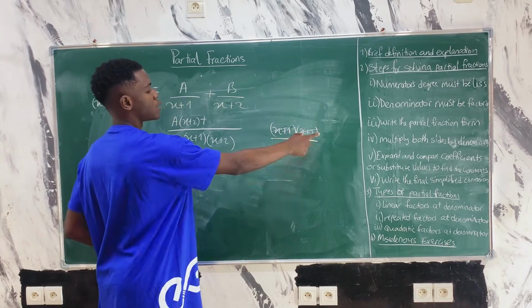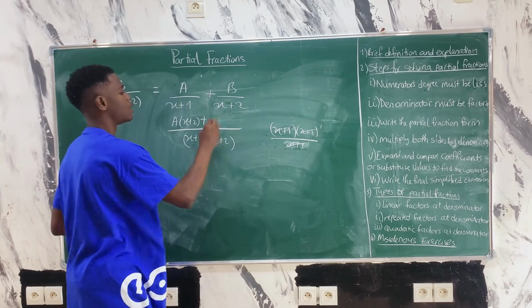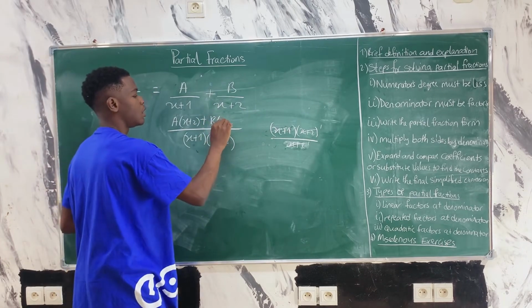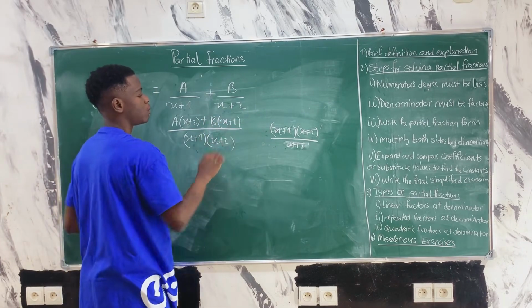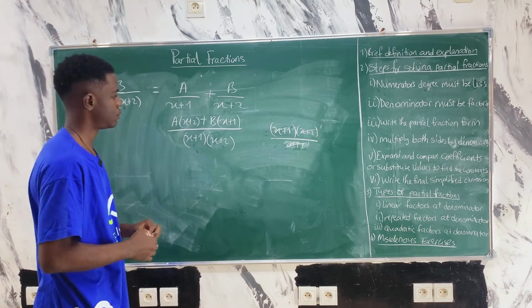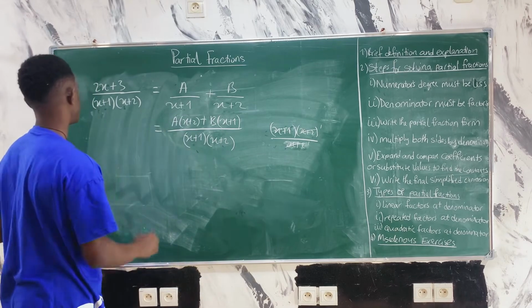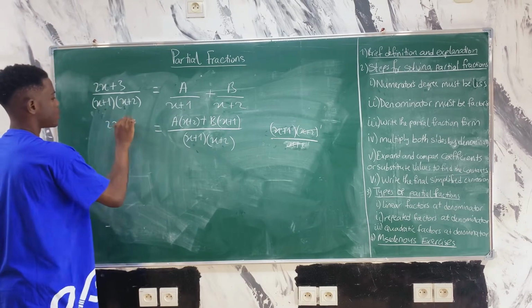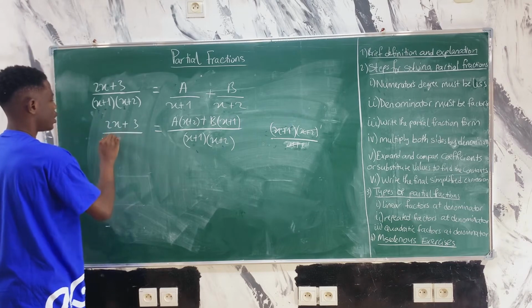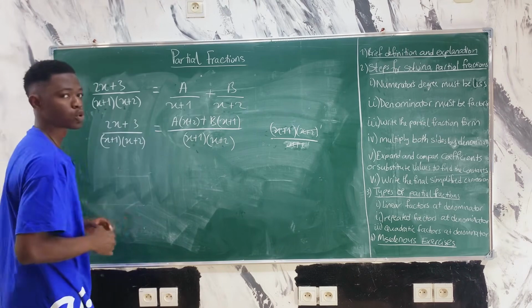X plus 1 will remain and it will multiply b. So I have b into x plus 1. So we are done with our LCM here. Nothing here has changed, so we write it back. We have 2x plus 3 on x plus 1 into x plus 2.